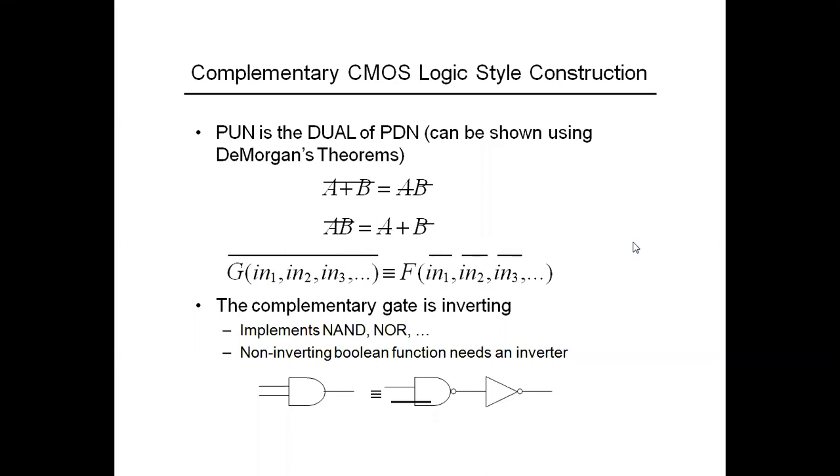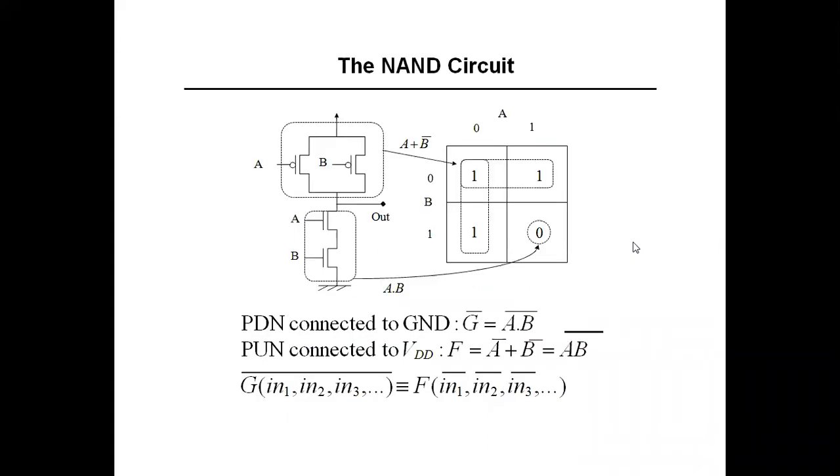And the complementary gate is nothing but the inverter, so the complement means the inverting operation. So any universal gate, any basic gate, you can implement using complementary CMOS.